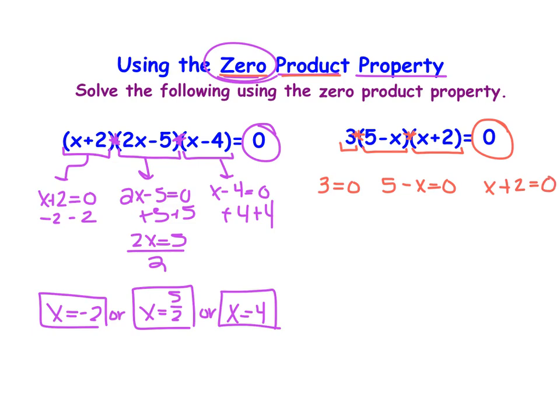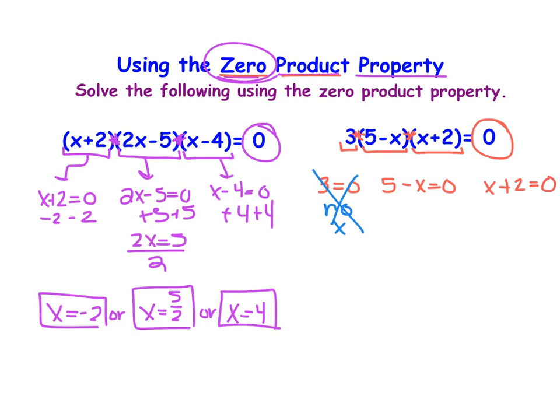So then from here I move forward and I solve each different little mini equation for 0. What I notice in this first one is that there's no x value. So there's no way for that part to equal 0. That's false. So as a result, I can ignore this and say, no matter what I pick for x, that little mini equation there will never equal 0.